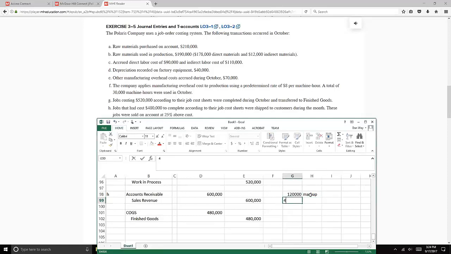If I add that to my cost of $480,000, that's where I get my $600,000. So it's my cost of $480,000 plus the 25% of $480,000 on top of that for what I'm charging the customer.